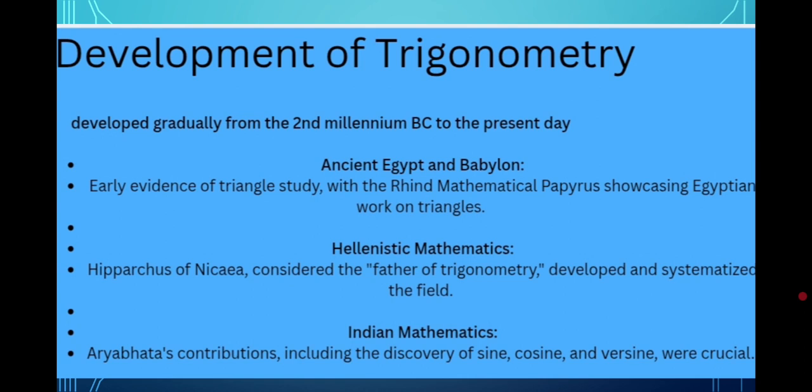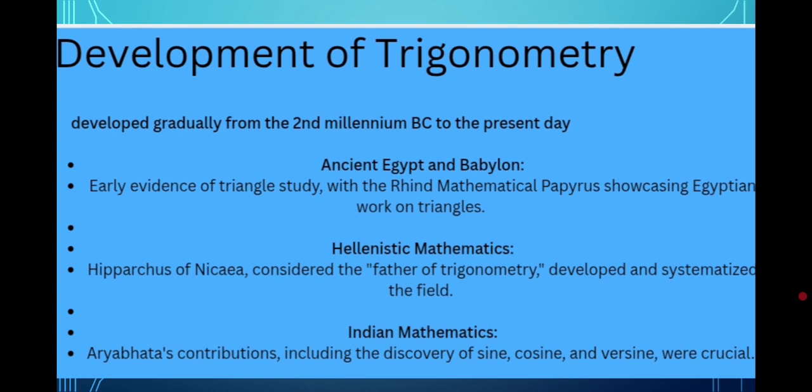Hipparchus of Nicaea, considered the father of trigonometry, developed and systematized the field. Hipparchus was a Greek astronomer, geographer, and mathematician. After the Egyptians and Babylonians, he developed trigonometry.